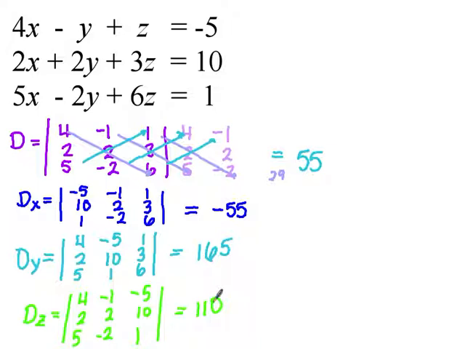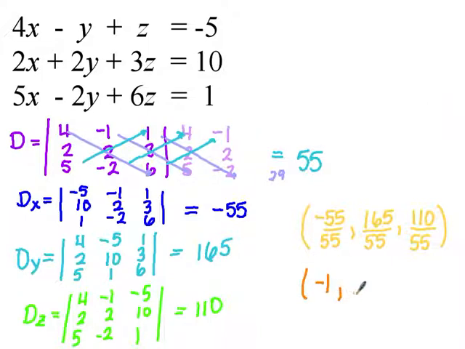So now in order to find our solution, I'm going to take Dx divided by D, Dy divided by D, and Dz divided by D. So if I take negative 55 divided by 55, I get negative 1, 3, 2. There you go.